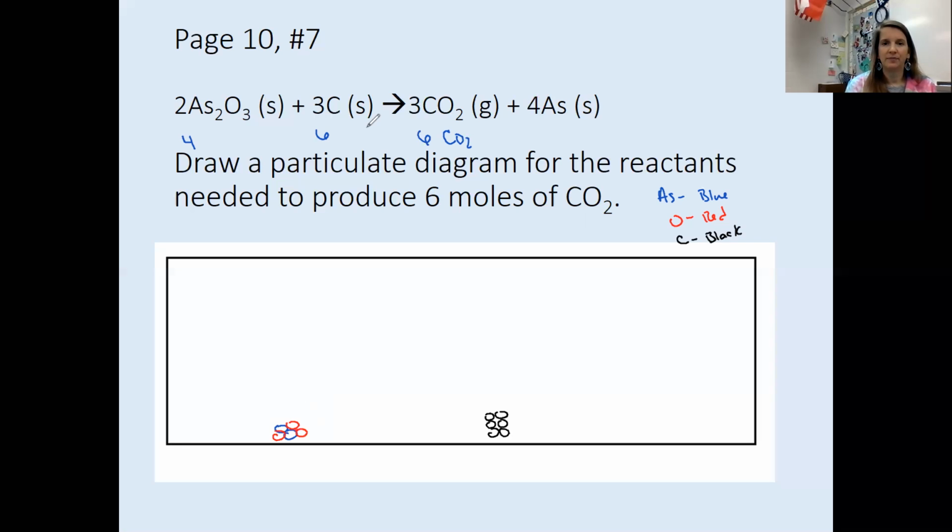I need 2 more of these and 3 oxygens. I need 2 arsenics and 3 oxygens. And then 1 more, because I need 4 of these total, 2 arsenics and 3 oxygens. All right, and that should be what we would need in order to make 6 moles of carbon dioxide.